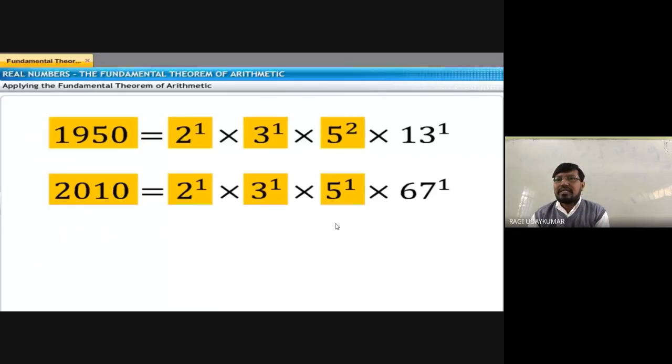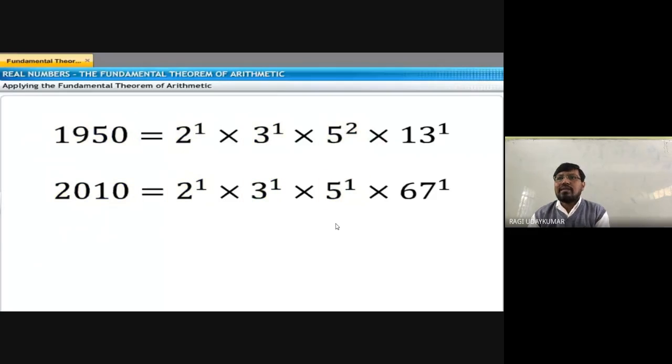What are the common numbers present here? 2 is common, 3 is common, 5 is common. 13 is not there in both, 67 is not there in both. So the common prime numbers are 2, 3, 5.